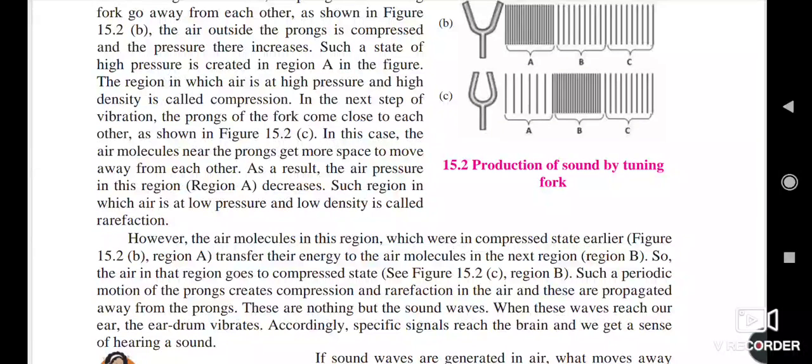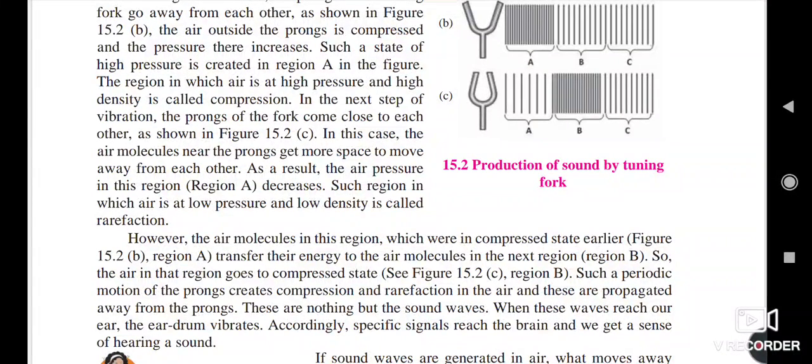Next region, so the air in that region goes to a compressed state. Such periodic motion of the prongs creates compressions and rarefactions in the air. These are propagated away from the prongs. These are nothing but sound waves.